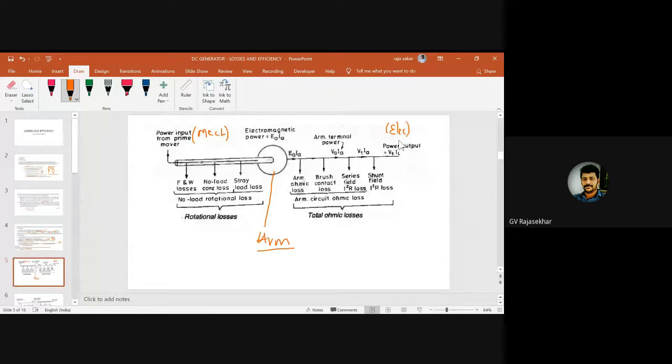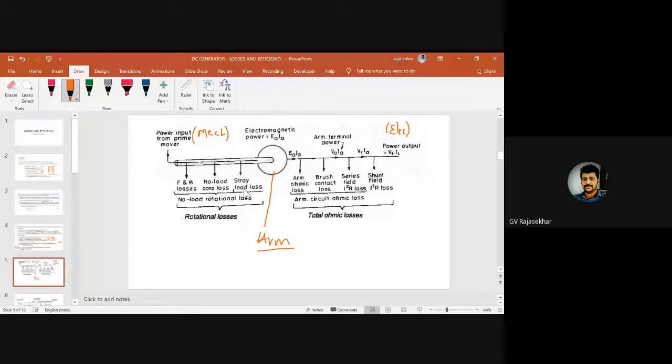When you use mechanical input, some input is wasted as friction and windage loss. F and W stand for friction and windage. So friction and windage loss, and after that core loss and stray loss.